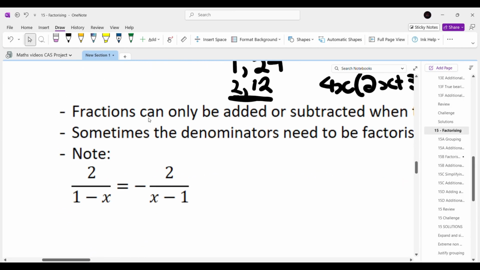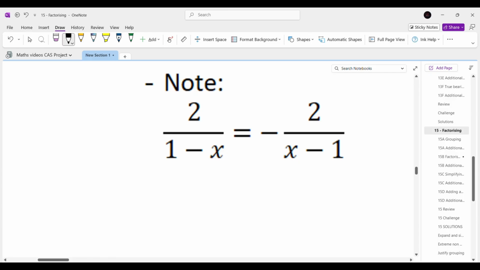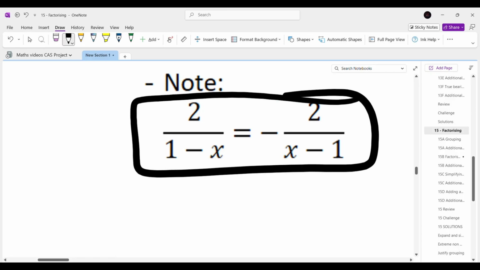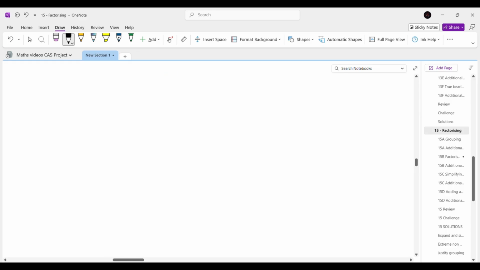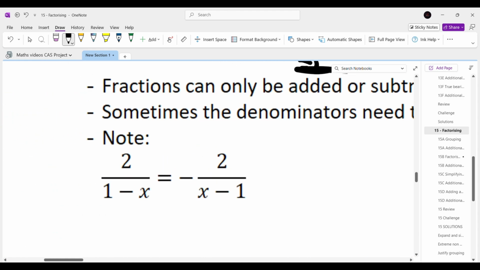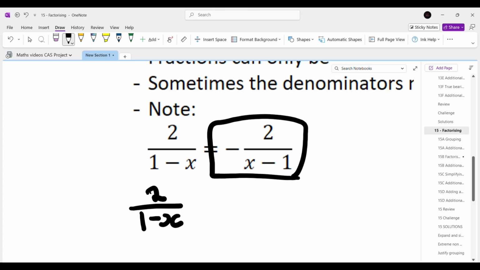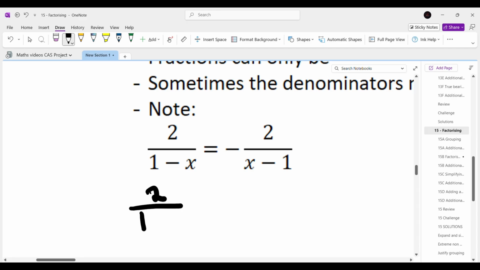Alright, and just a quick note, I just want to show you what I was talking about before about the negative signs, like flipping these values. So if we have something like this, where it's 2 over negative 1 minus x, how can we prove this? So let's just go to the negative 2 over x minus 1.